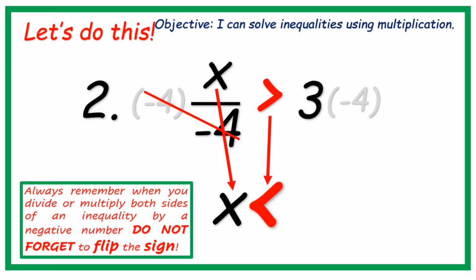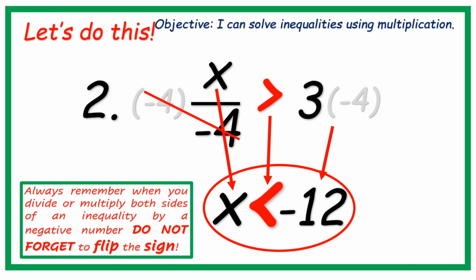The sign will be less than. Then after that, 3 times -4. When you multiply different signs, +3 times -4, it will give you negative, and that is -12. Our final answer: x is less than -12. You got it.